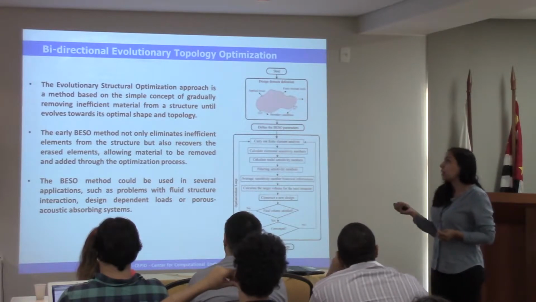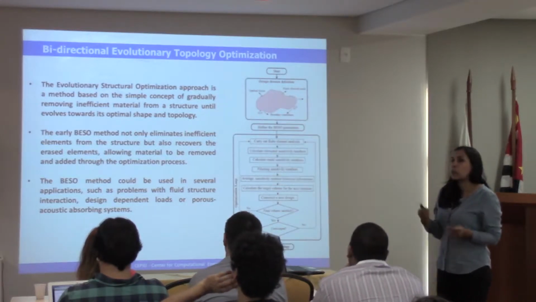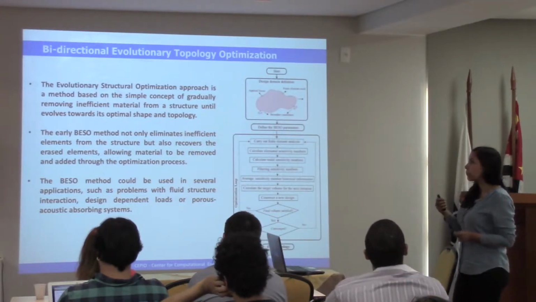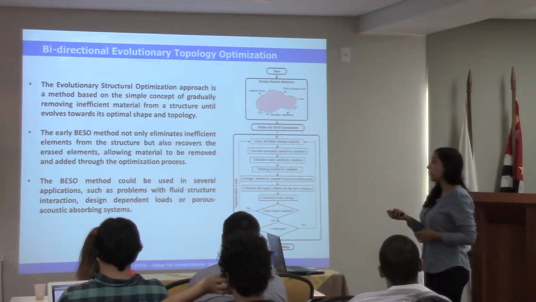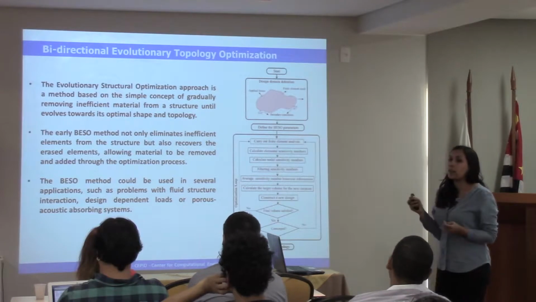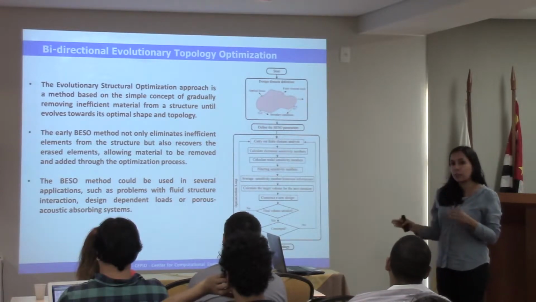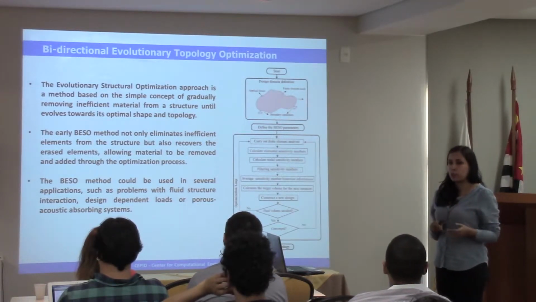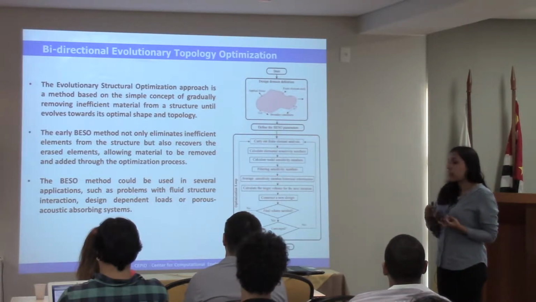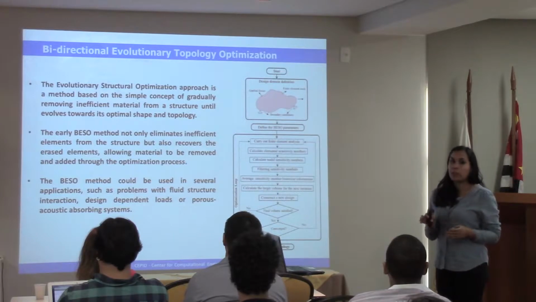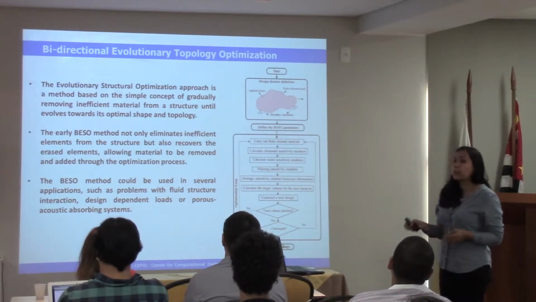So now that we see what a compliant mechanism is, we're going to see the method that we're going to use. To design compliant mechanisms, different approaches exist. There is the ground structure approach, which we'll not talk about, and there is the continuum approach.